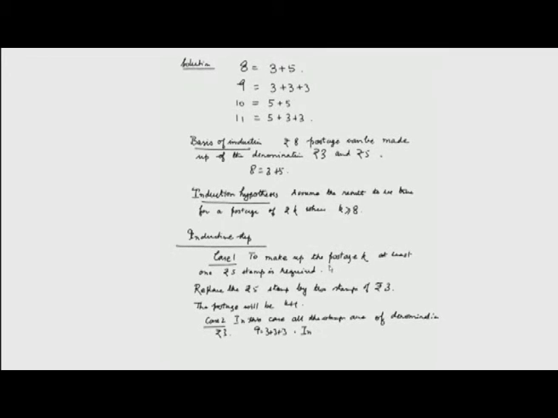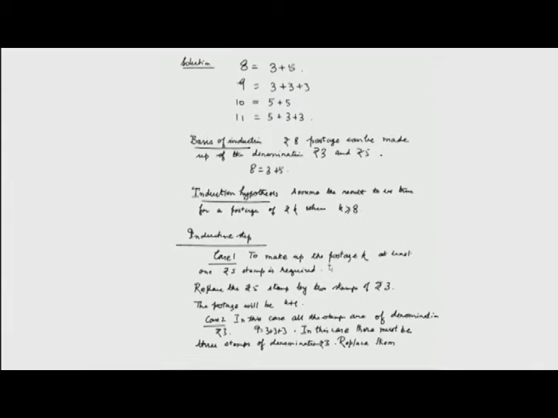In this case, there must be three stamps of denomination 3, rupees 3. Now, our strategy will be to replace these 3 stamps by 2 stamps of denomination 5.